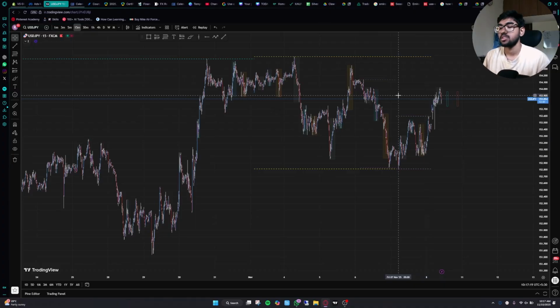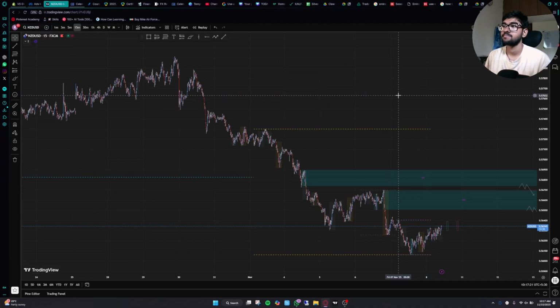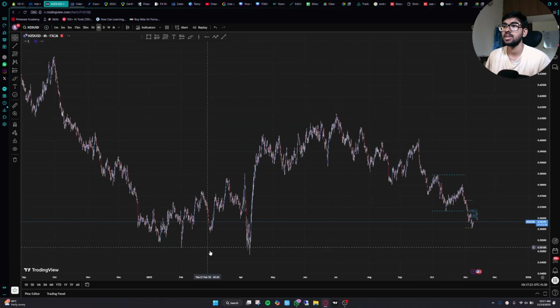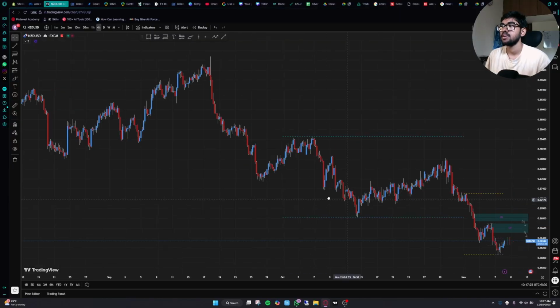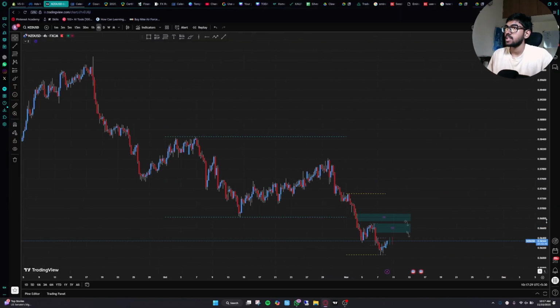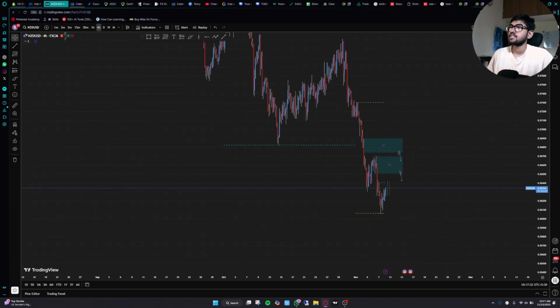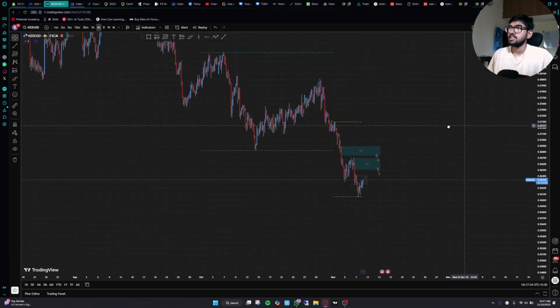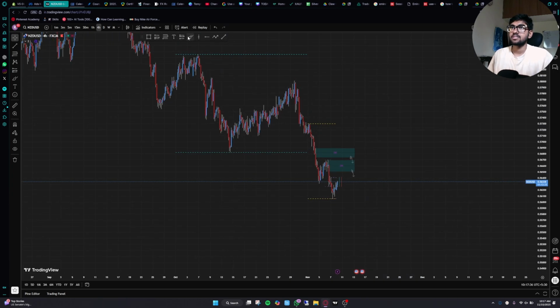No, I'm skipping USD JPY for the day. Okay, coming into NZD USD. So NZD USD is something like, we can see this swing. Interesting. 50% comes here.